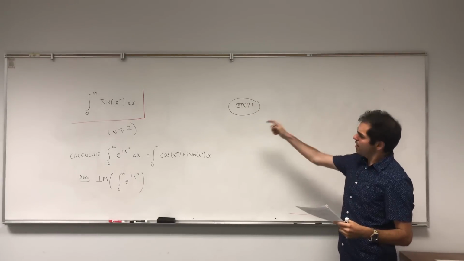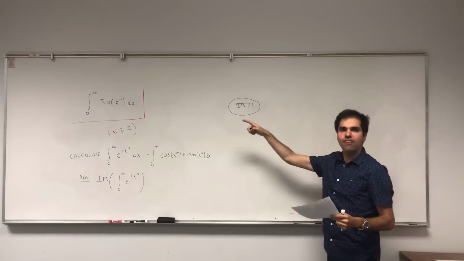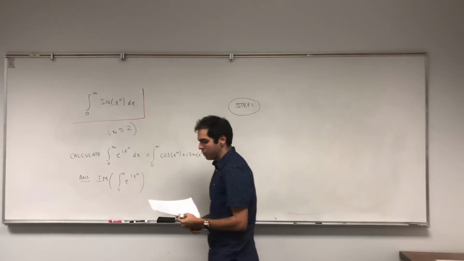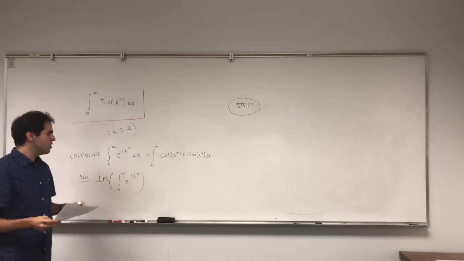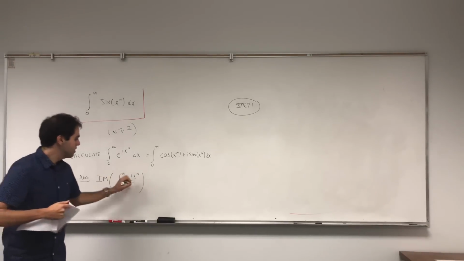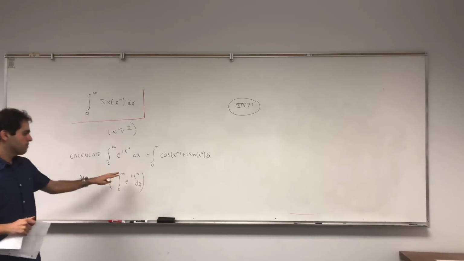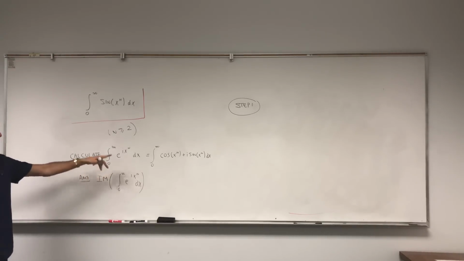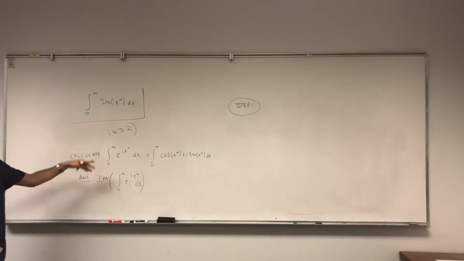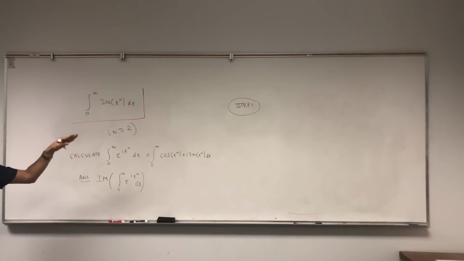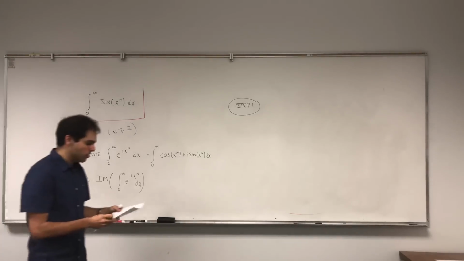This crucially uses the fact that n is greater than or equal to 2. Let's make this integral a little bit more complicated. Instead of using n, let's use 1 over n, because that guarantees that the number is between 0 and 1.